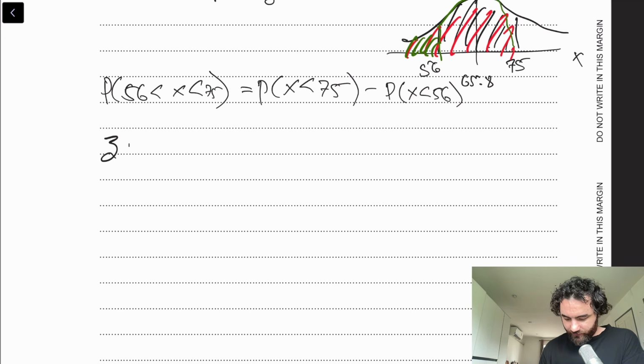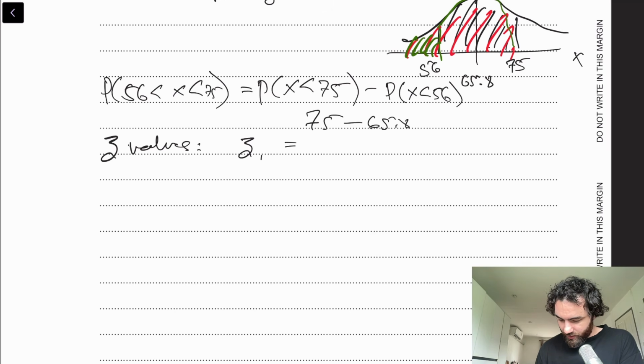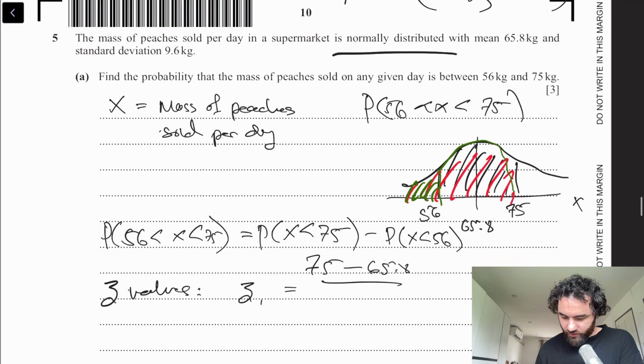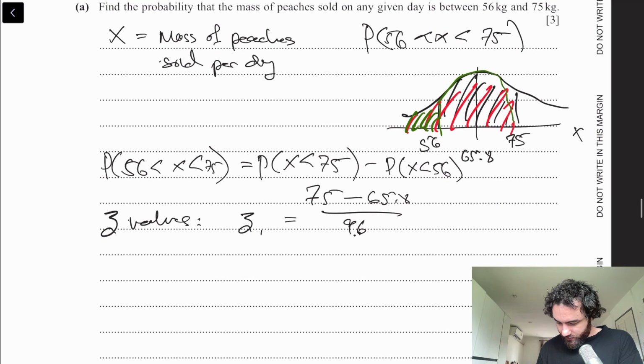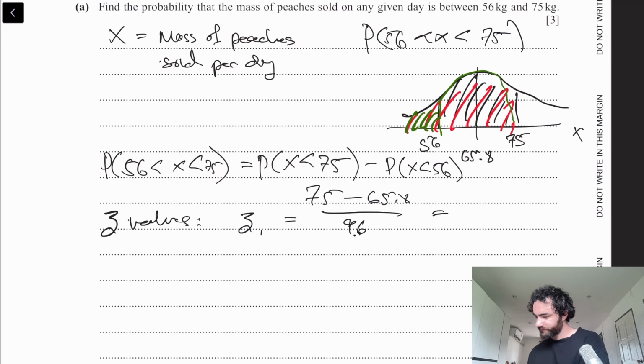So our Z values: remember this is X minus mu over the standard deviation. Z1 is 75 minus 65.8 over the standard deviation, which is 9.6. That equals 75 minus 65.8 divided by 9.6, so that is 0.958.